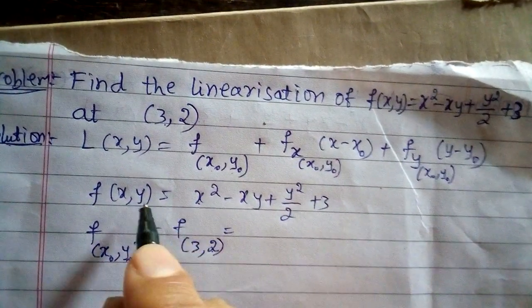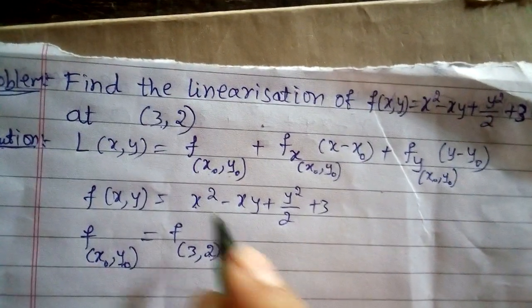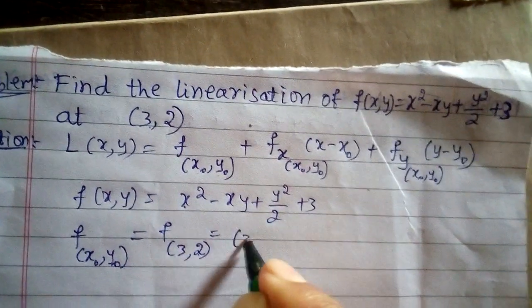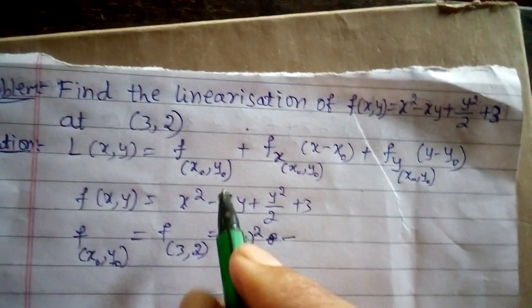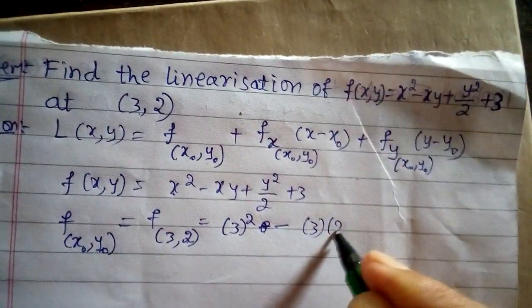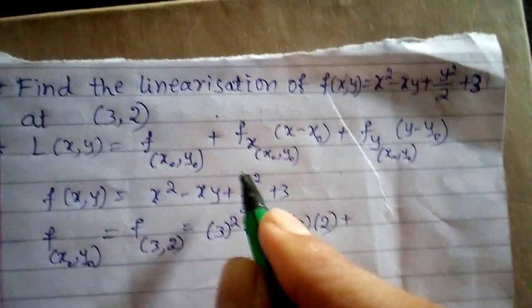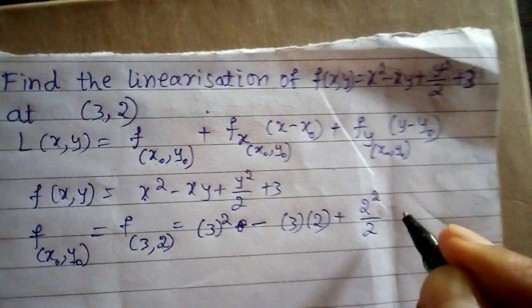Then we get in this function 3² minus 3 times 2 plus 2² divided by 2 plus 3.